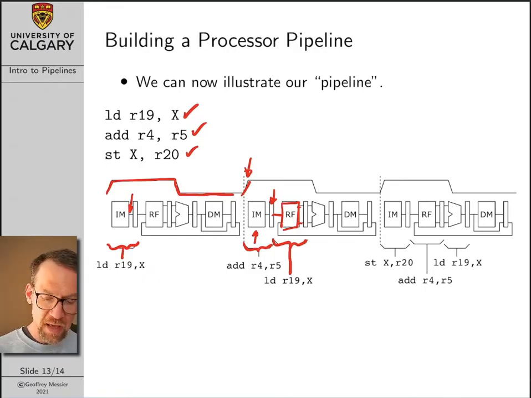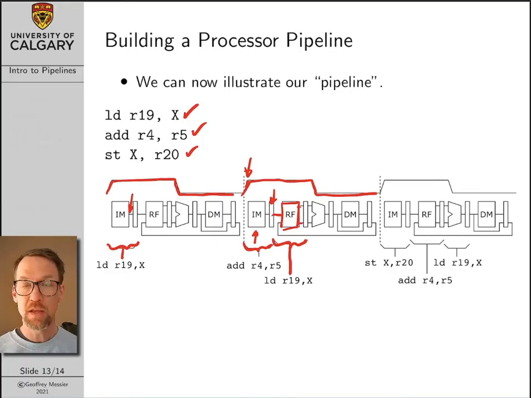Because certainly as we fetch the add command, the outputs of our instruction memory are going to change, it's going to be a little unstable. But because our pipeline register has locked the value from our previous read in place, it shields us from all that instability. And so during this second cycle of the clock, we can be reading the registers for the load command and loading the machine language instruction for the add command.